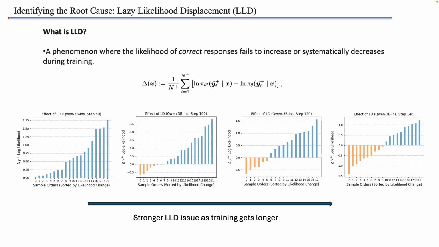In reinforcement learning, they encourage the correct response and penalize the incorrect response, so the incorrect response likelihood will definitely decrease. But here we show that not only the incorrect response but also the correct response will decrease in likelihood. Finally, all your responses' likelihoods will reduce a lot.